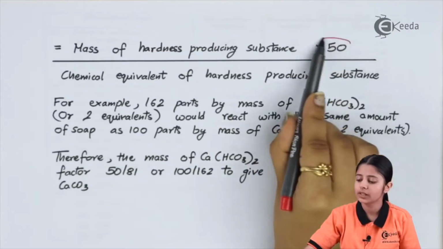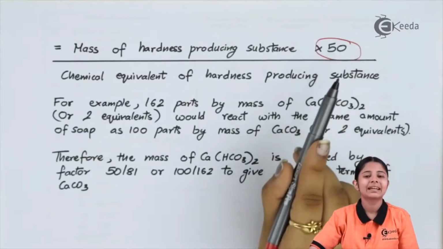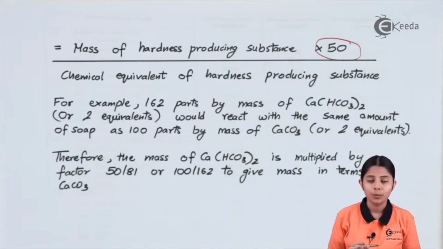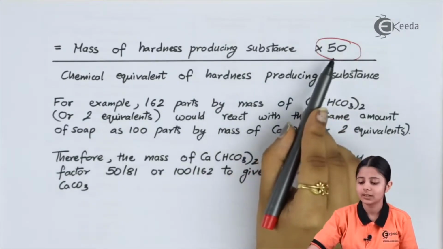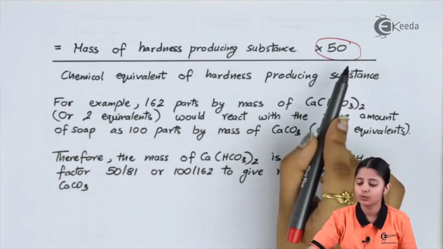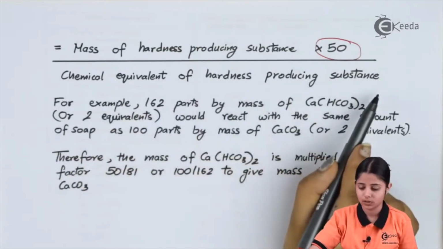So from where did we get 50? Over here we had chemical equivalent of CaCO3, and chemical equivalent of CaCO3 is 50. The molecular weight of CaCO3 is 100, but the chemical equivalent is 50. And that is the reason why we'll multiply the mass of the hardness producing substance into 50 and divide it with the chemical equivalent of the hardness producing substance.